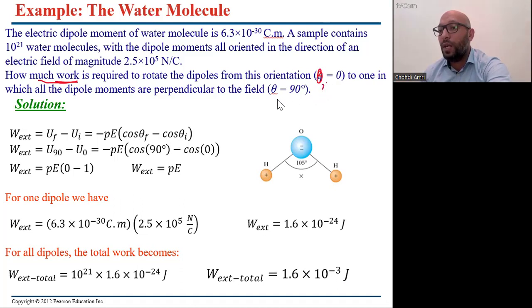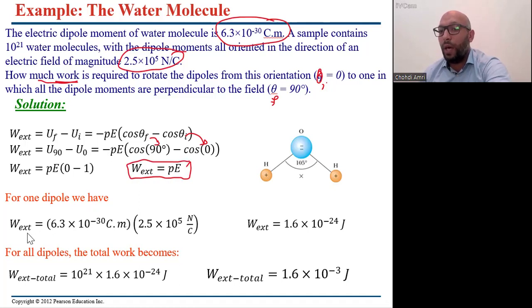Phi initial, how much did we say? We said it's 0. Phi final, we said it's 90. And we have P, and we have E. This is for how many molecules? This is only for one molecule.